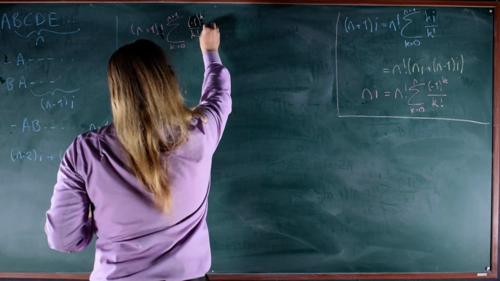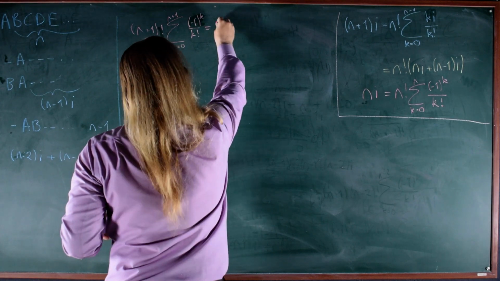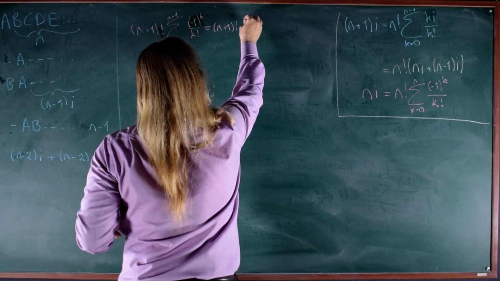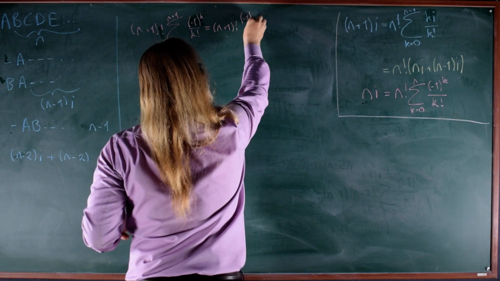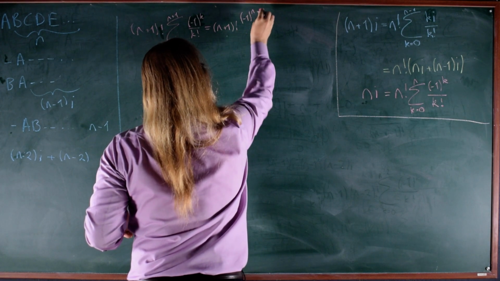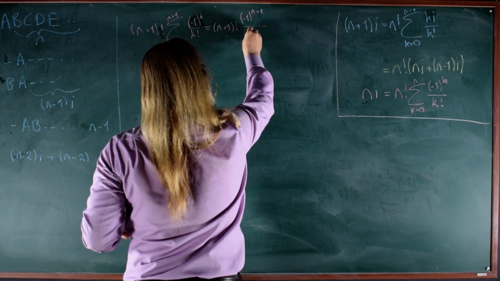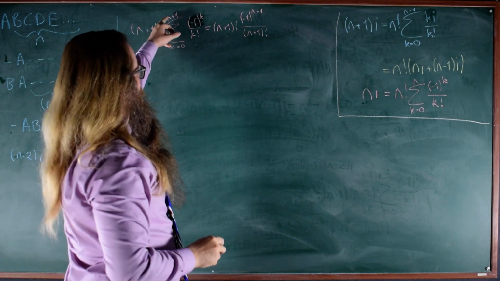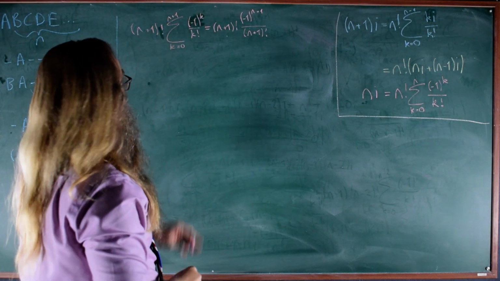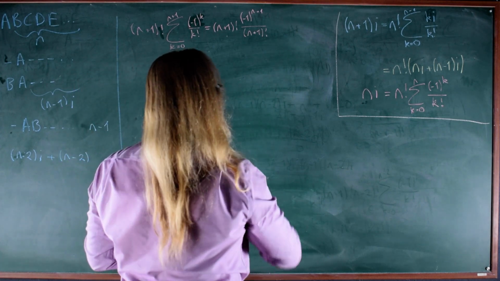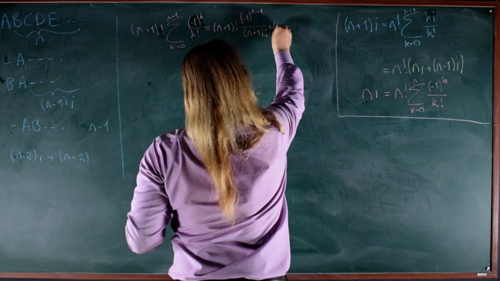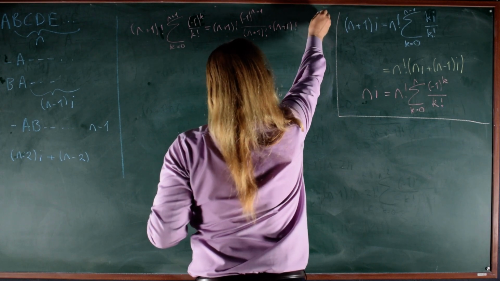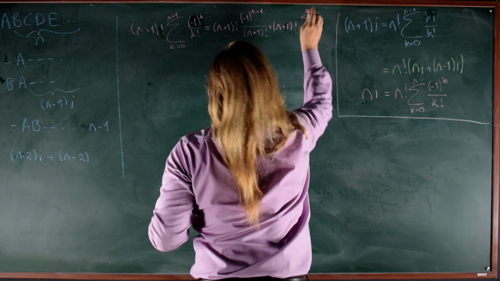So I get n plus 1 factorial, and then it goes minus 1 to the power of n plus 1 divided by n plus 1 factorial. That's the highest term, all right? And then I have everything else. Oh, maybe I can fit it here. N plus 1 factorial, and then the sum again, but now it only goes to n.